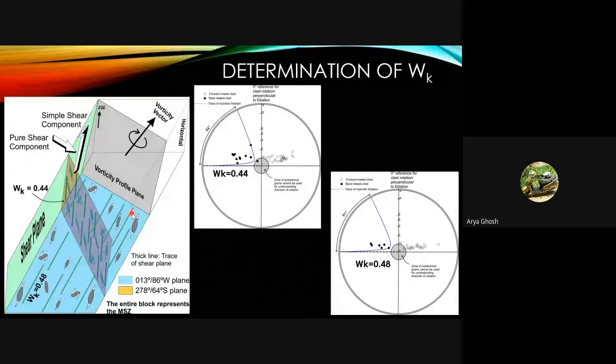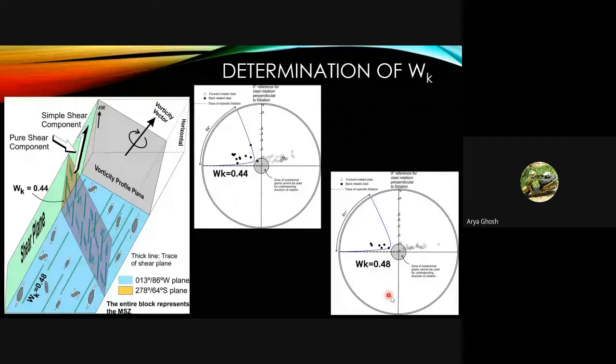One is perpendicular to the strike of the shear zone, a vertical plane, this blue plane, and another one is this brown plane, which is at an angle to the shear plane, but its strike is parallel with the shear plane. Now, in both the cases, we have come out with a kinematic vorticity number. We have used the porphyroclast hyperbolic distribution method for calculating the kinematic vorticity number, and we have come out with the numbers 0.44 and 0.48.